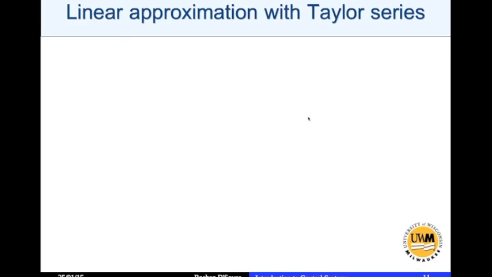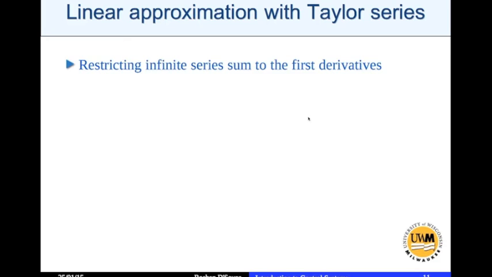Now you can use Taylor series to do just the linear approximation. What do you do with the linear approximation? You restrict the infinite series sum to the first derivatives only. So in this case of a function of two variables, you just take the first three terms. For a function of three variables, you take the first four terms, and that's it.